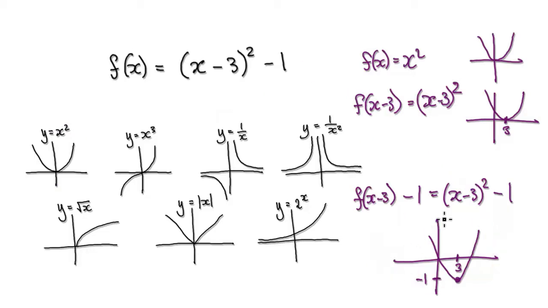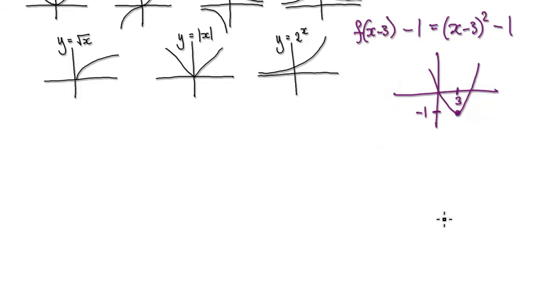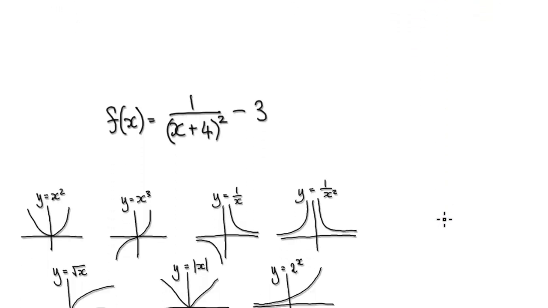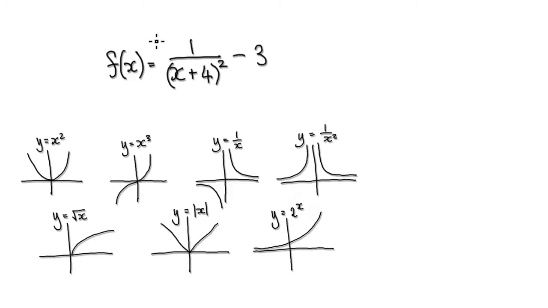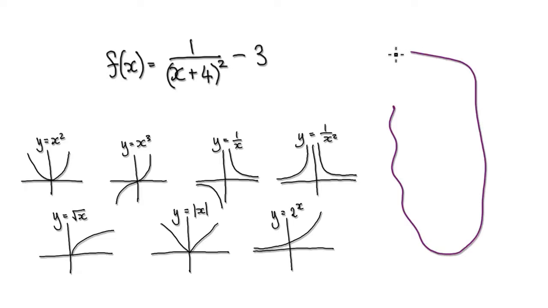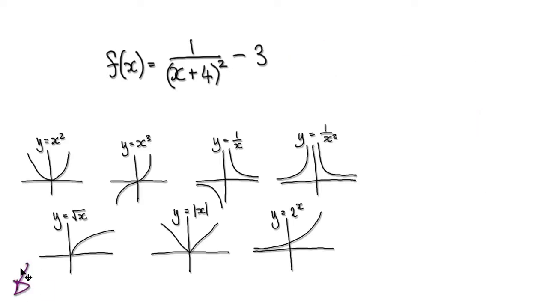Okay, so next one here. Sketch this function, but you have no idea what this looks like. So your first step is to decide which function you should work with in order to slowly transform it into this. So press pause and have a go.